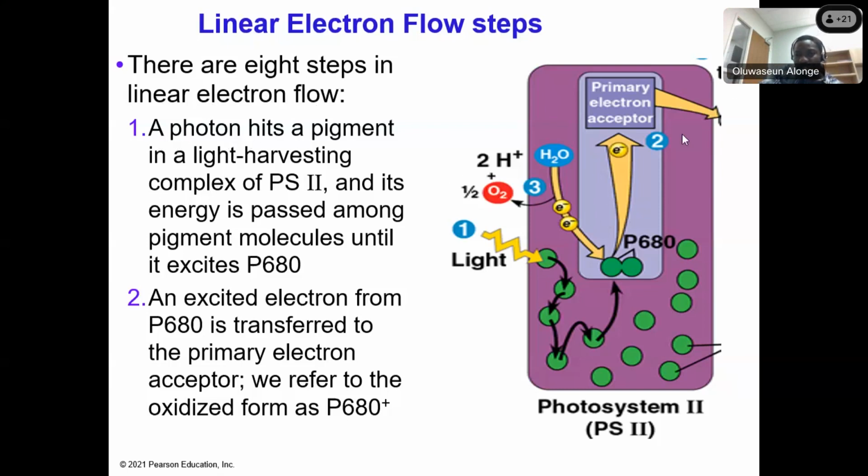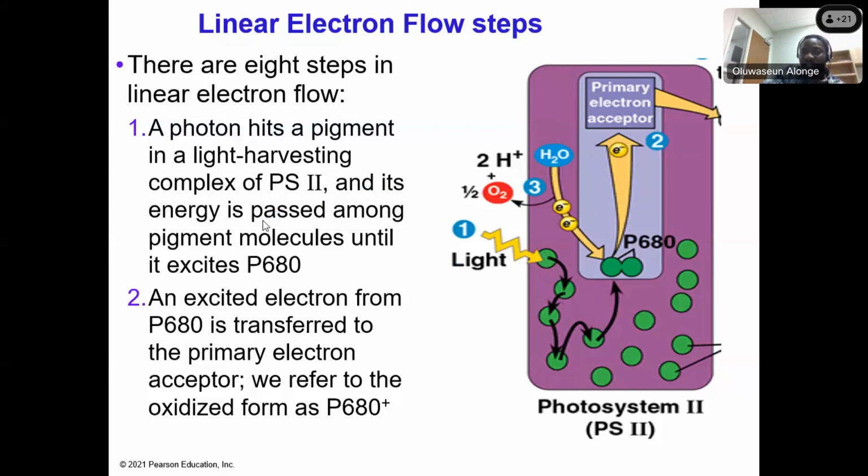A photon, like I showed you here, is harvested by the light harvesting complex or antenna complex. It's called an antenna in that it harvests sunlight, or it's able to pick up sunlight. So, the light harvesting complex of PS2. PS2 comes first, don't forget again.